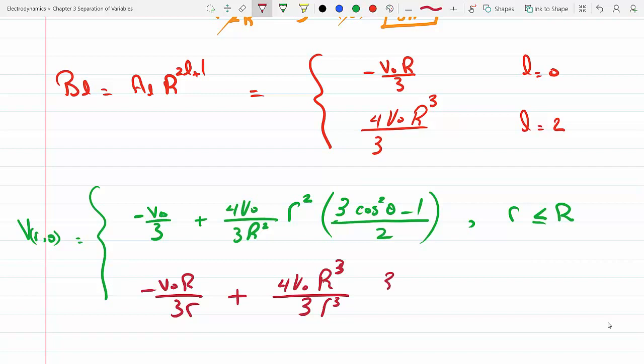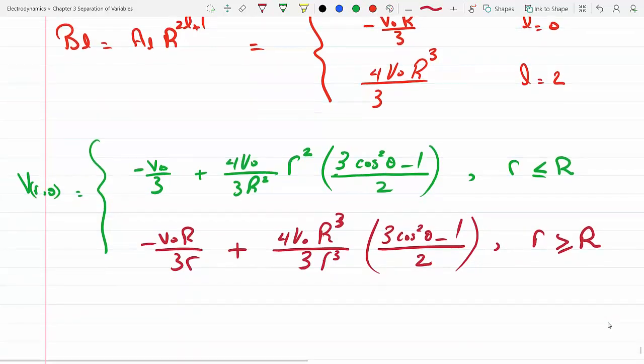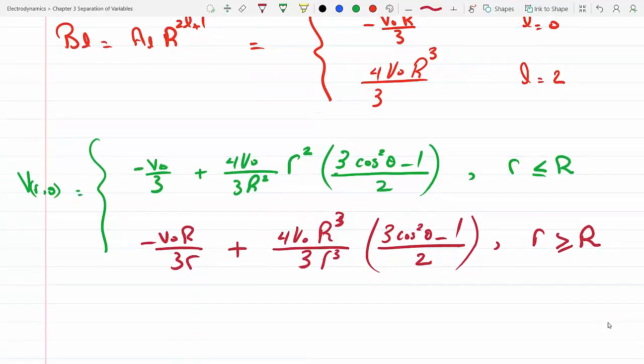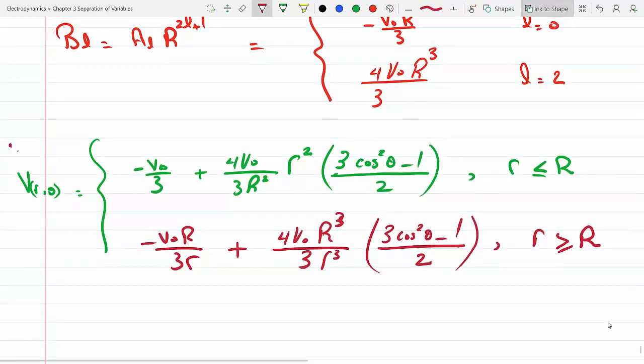Okay, and this is the same thing, the second Legendre polynomial, 3 cosine squared theta minus 1 over 2, and this is for r greater than or equal to R. So this does it for solving for the potential inside and outside.